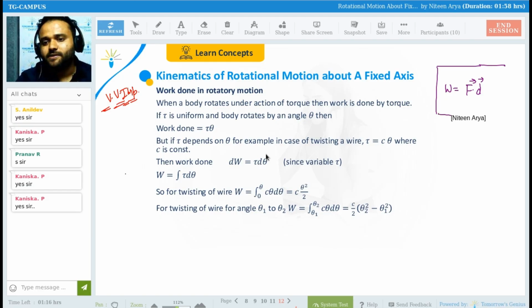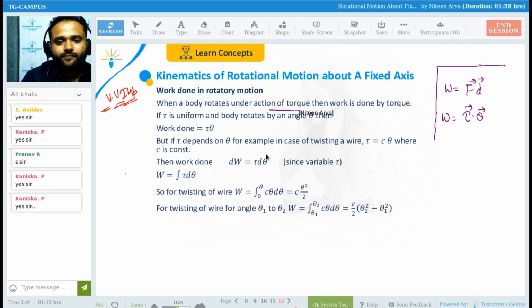In the same sense, for the rotational case, work done is torque tau into theta, because here the rotational force is torque tau and the displacement is theta. Simple as that. So when a body rotates under the action of a torque, if tau is uniform and the body rotates by an angle theta, then the work done is going to be tau theta.